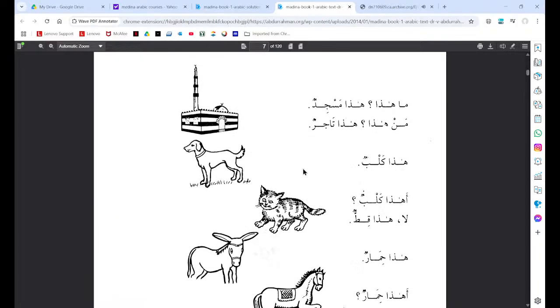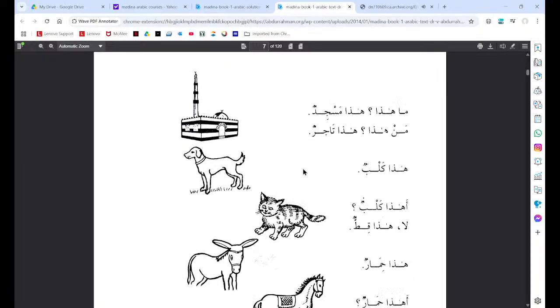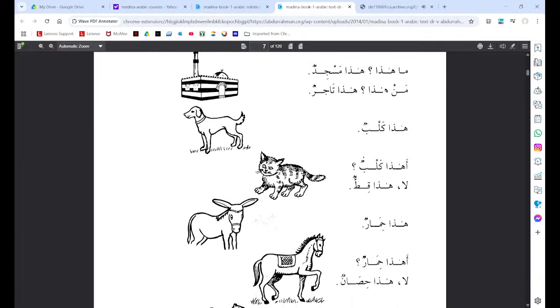So let's move on. Now we just have some more exercises. Again, we are not sure about the creation of Allah. It's very likely that animals communicate amongst each other, but because we cannot communicate with animals, they are not considered to have intellect.